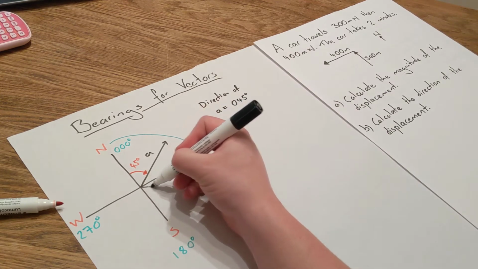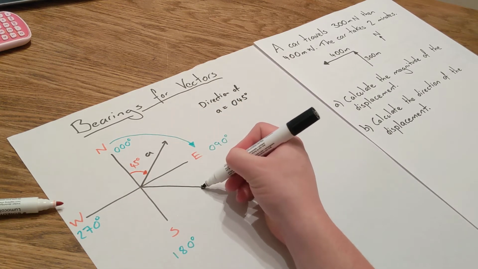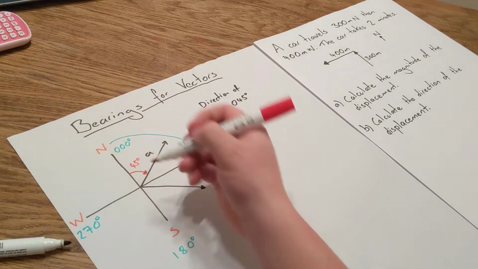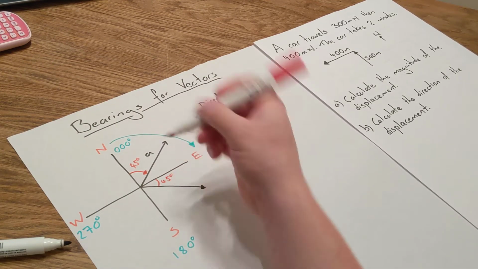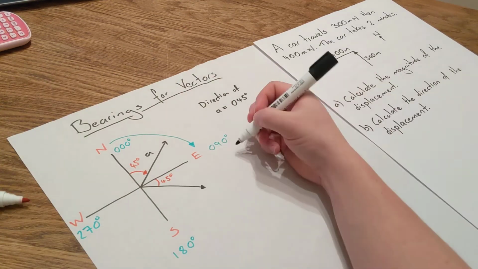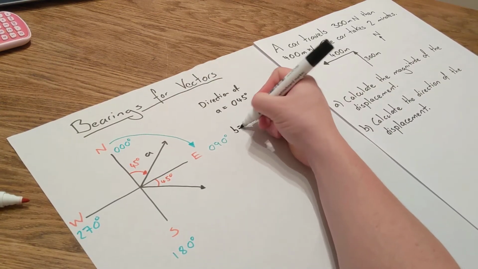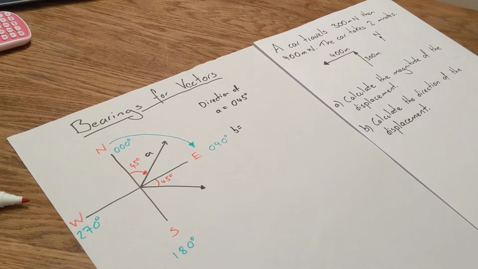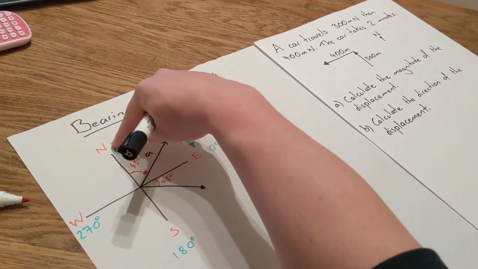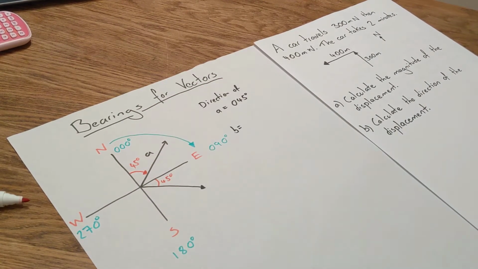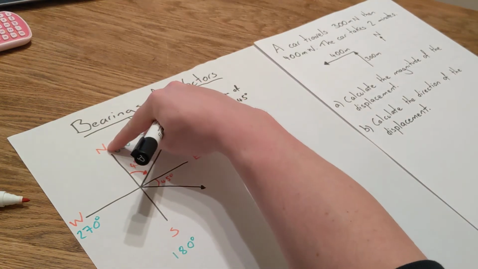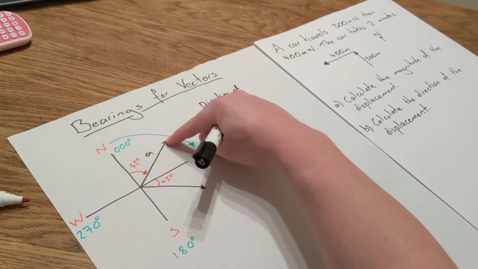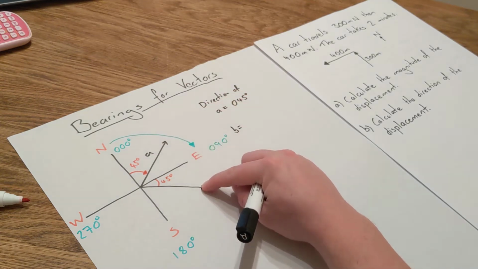If we had a vector that was here, and again we knew this angle was 45 degrees, its direction isn't just as easy as reading off because it's still measured from north. So what we want to be looking at is, starting here at 0, how many degrees have we come to get to here?